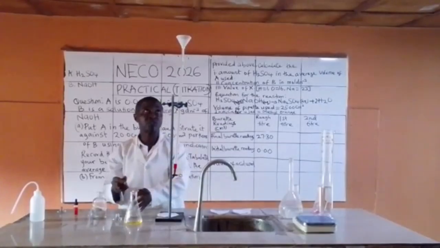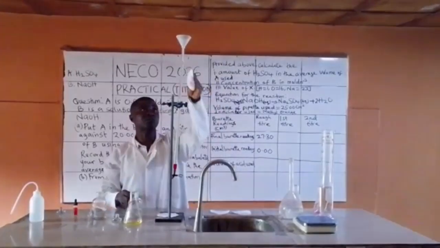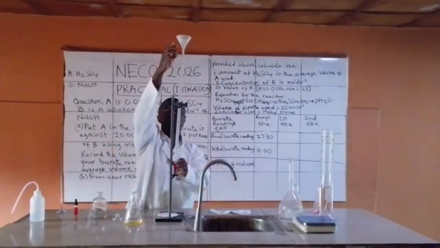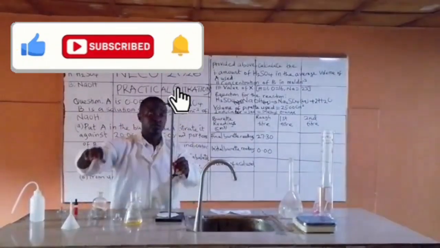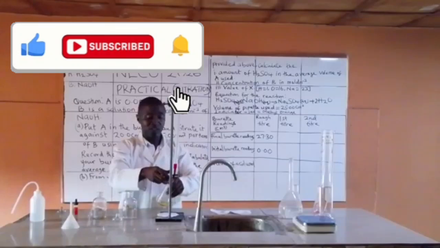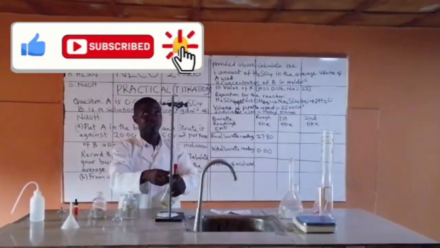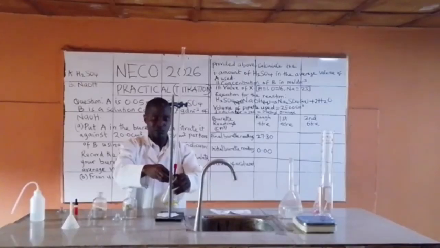So the starting point of the burette is 0 cm³. Then the filter funnel on top of the burette is removed. Then we can start another set of titration, which is the first titer, after we have already gotten the rough titer.